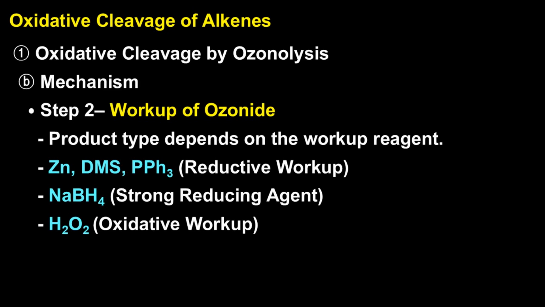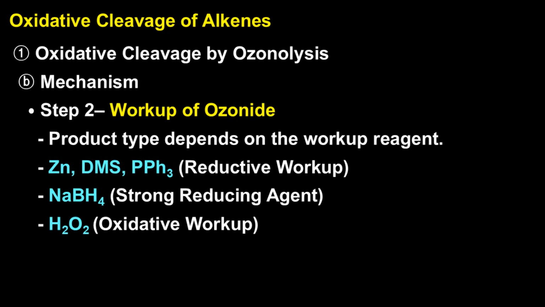Now let's move on to step 2, the workup of the ozonide. This is where we actually decide what the final products will be, and it all comes down to which reagent we use. If we go with a mild reducing agent like zinc, dimethyl sulfide, or triphenylphosphine, we do what's called a reductive workup. That usually gives us aldehydes or ketones, depending on how the original alkene was structured.